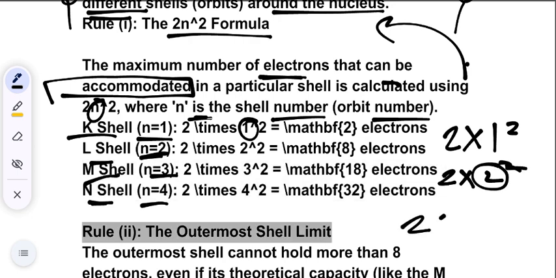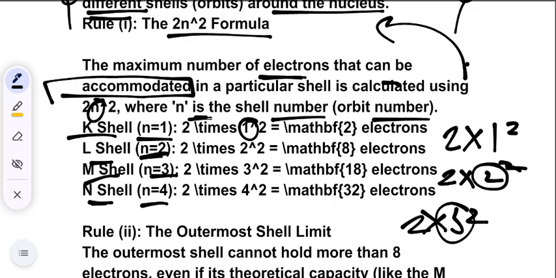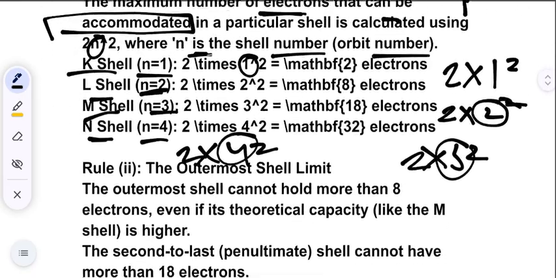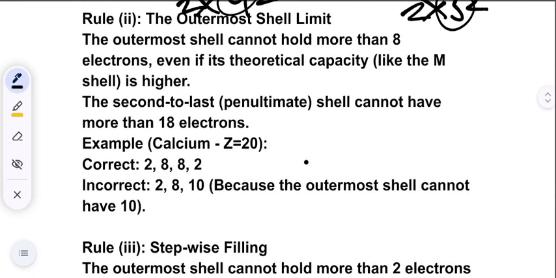For the M shell it will be 2 into 3 square, where n is 3. For the N shell, 2 into 4 square, where n is 4. Like this you can find the maximum number of electrons that can be accommodated in a particular shell or orbit. Rule 2 is the outermost shell limit.